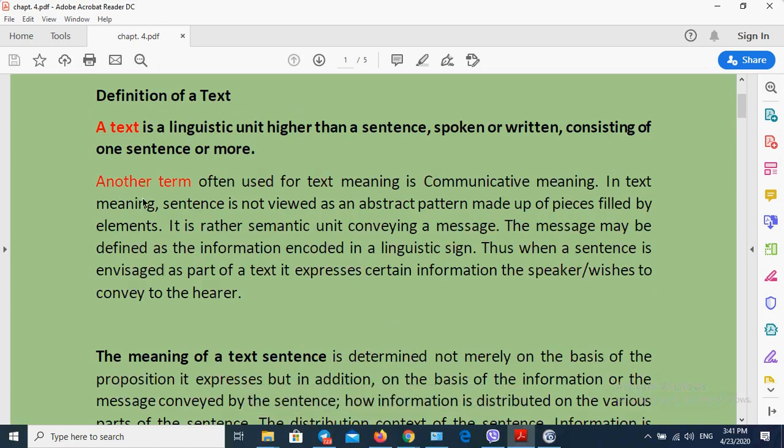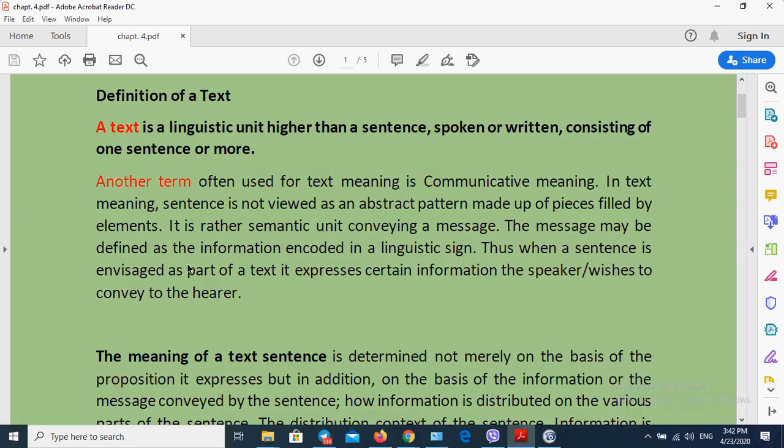Let's move to another term. Another term used for text meaning is communicative meaning. In text meaning, a sentence is not viewed as an abstract pattern made up of pieces filled by elements. It is rather a semantic unit conveying a message.